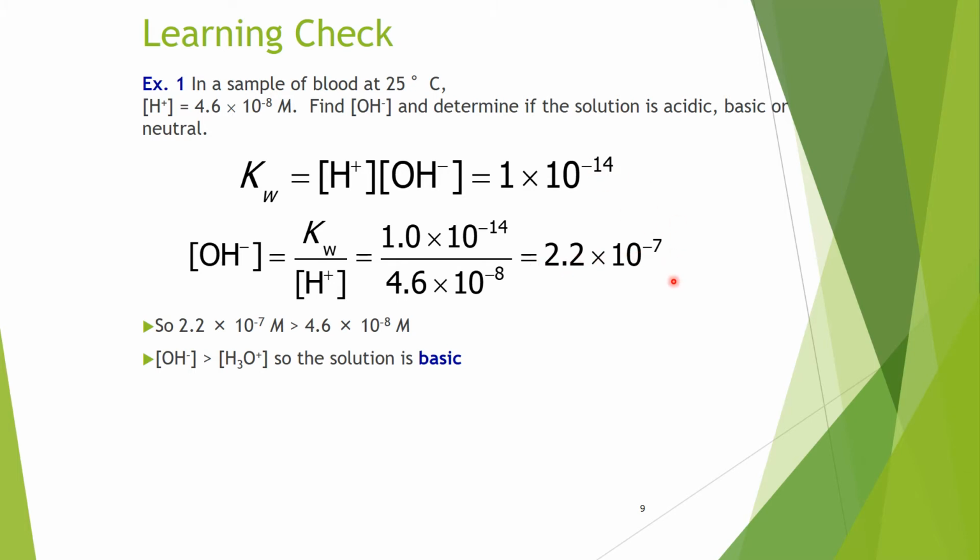This is molar squared. So what we have is the amount of OH is 2.2 times 10 to the minus 7th. And the H plus is 4.6 times 10 to the minus 8th. 2.2 times 10 to the minus 7th is greater than 4.6 times 10 to the minus 8th. Therefore, there's more base than acid. So this solution is basic.